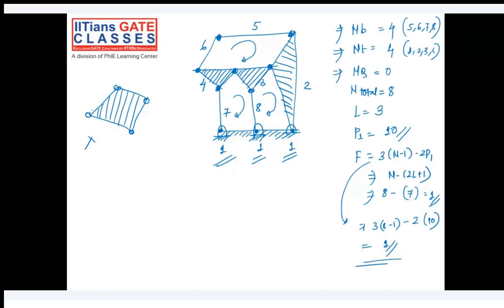So if you look at the previous year questions, majority of the questions you will see are on calculating the velocities or acceleration, may include Coriolis component or not, and calculating the degrees of freedom.